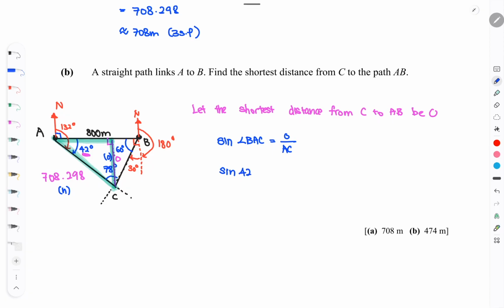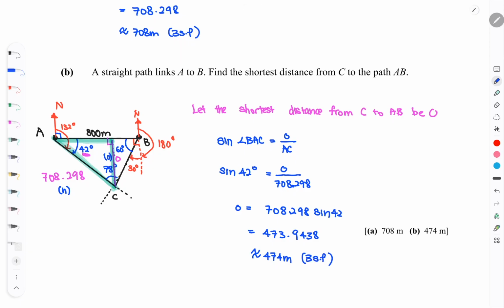There will be sine 42 degrees equals O, so O is the one I'm finding, over AC, 708.298. Okay, O equals 708.298 multiplied by sine 42. It will give me 473.9438. When I round off to 3 SF, it is 474 meters.